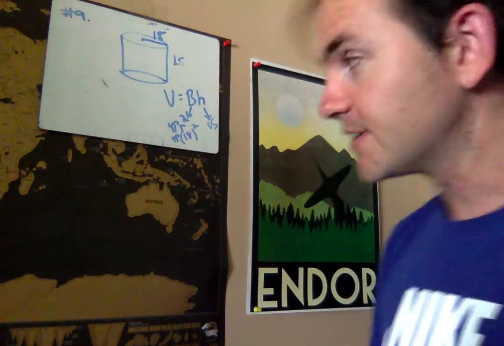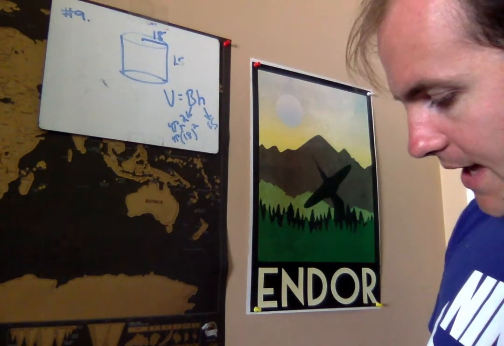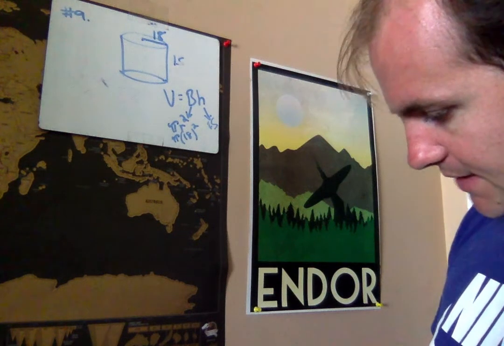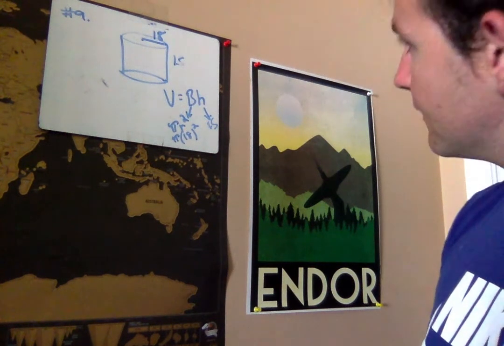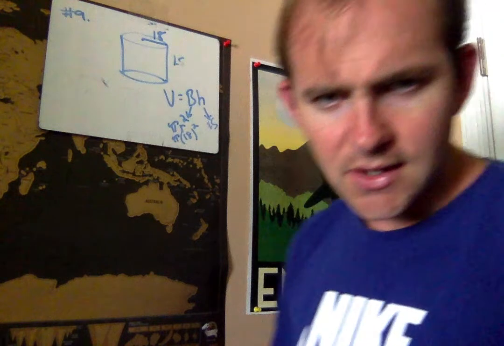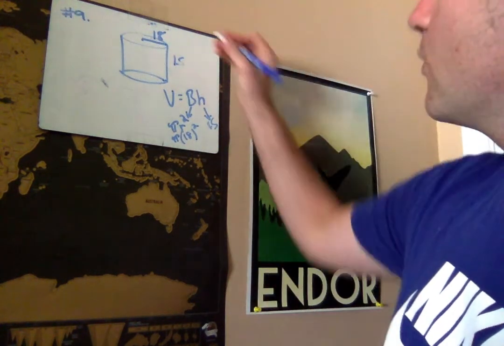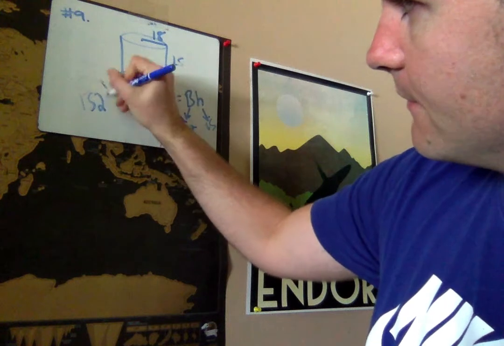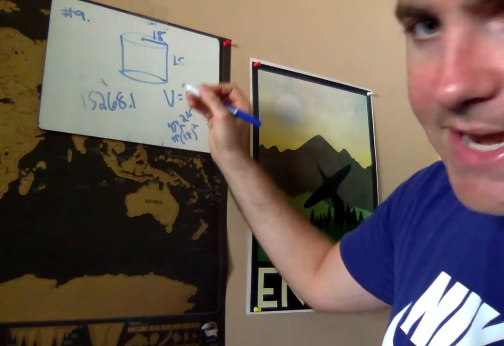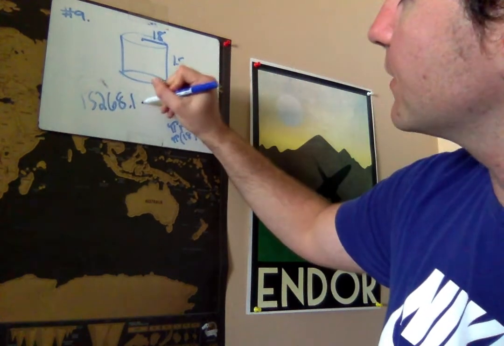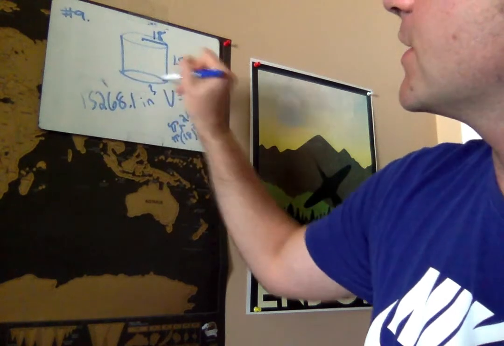So let's do some multiplication. I'm going to do pi times 18 times 18 times 15. And let's see what we end up getting. I got 15,268.1. And technically, if I'm going to include units, it really should be inches cubed.